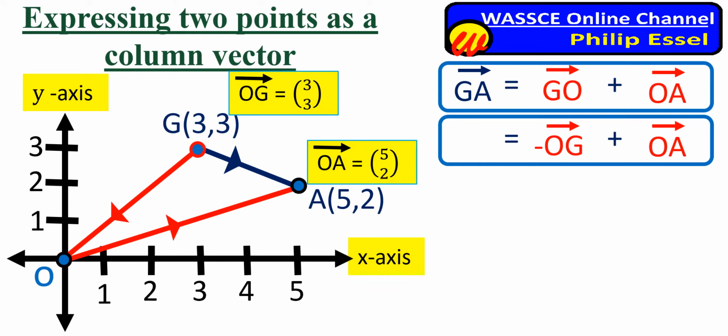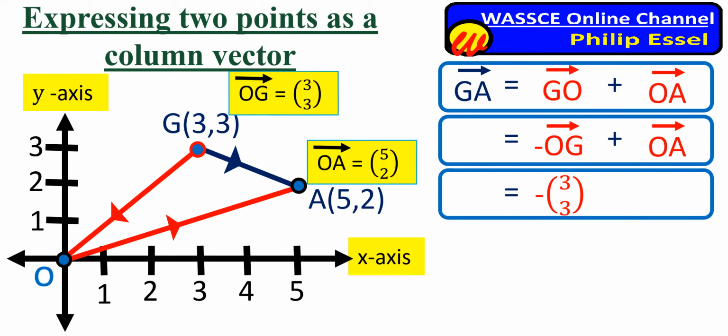From the diagram, we know the value of the vector OG, which is the position vector of the point G, and we also know the position vector of the point A. So all we need to do is to substitute them into the equation so we can find the vector GA. So can we do that now? The vector OG is 3, 3. So our negative OG would be negative of the vector 3, 3.